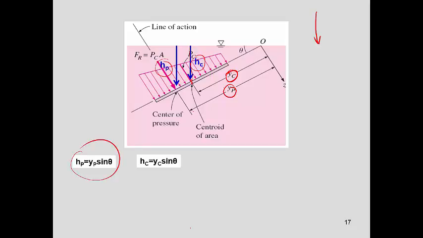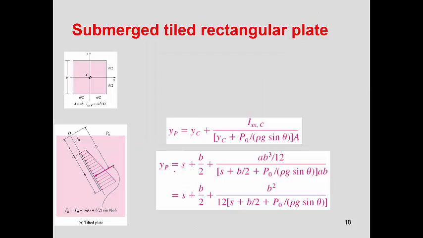So HP, and this is your angle here, is YP times sine of theta, and HC is YC times sine of theta. That's what you need to keep in mind, but it's the same process.